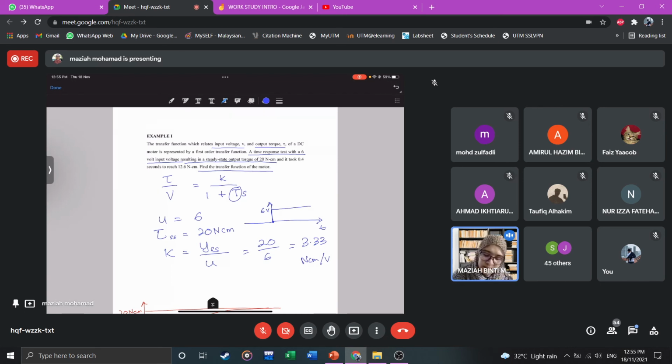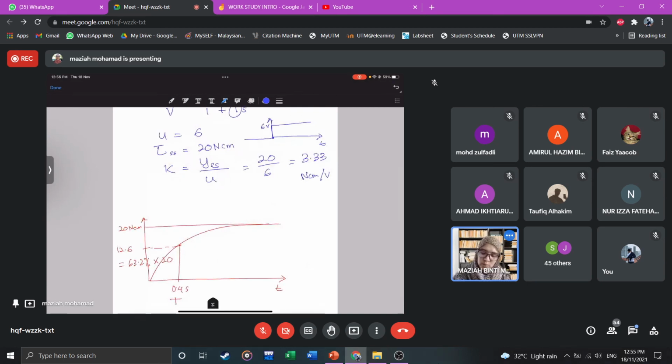The information here is that it took 0.4 seconds to reach 12.6 Newton centimeter, meaning there is some delay. We know the final value is 20 Newton centimeter, and 12.6 is 63.2% of 20.